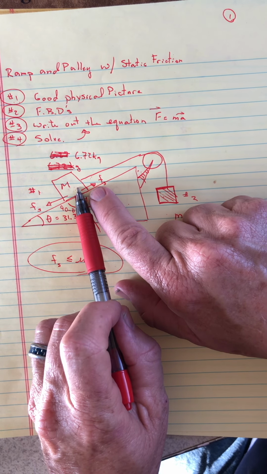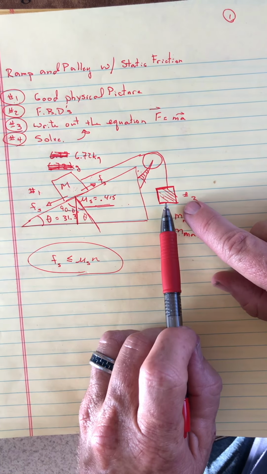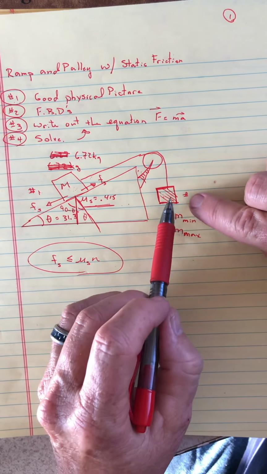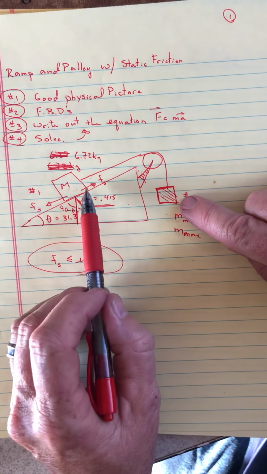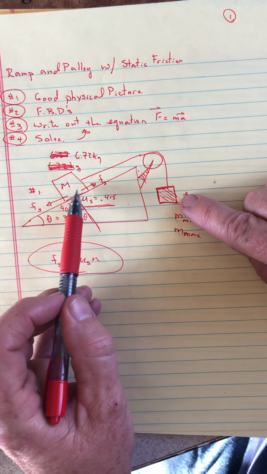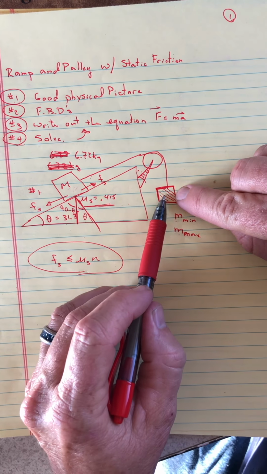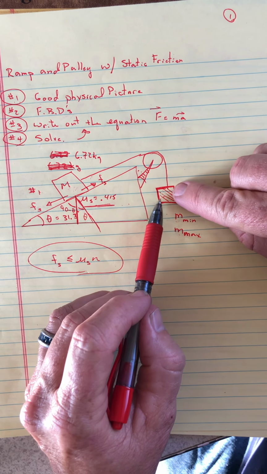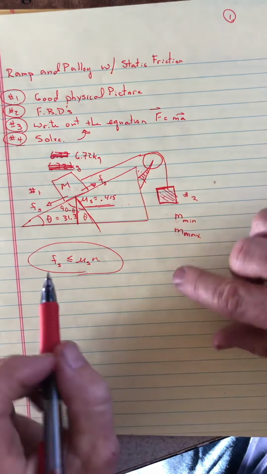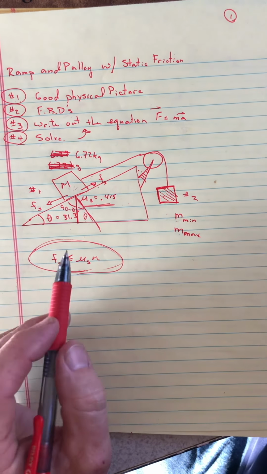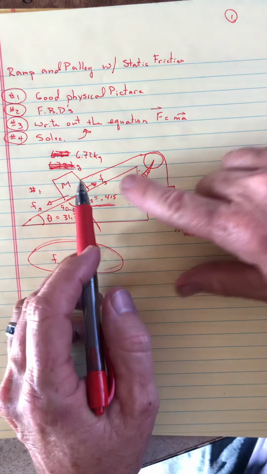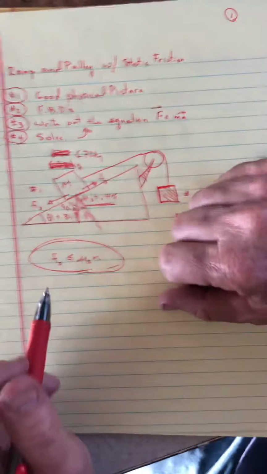Once it reaches its maximum, we take any more off of here and it just slides down. So you can maybe imagine we already have some mass on here that is more than the minimum. And that means the upward friction would be less than its maximum, and it would be stationary. And as we take weights off of here, since this is becoming less, the friction's becoming more until at some point it gets to its maximum. Once it gets to its maximum, then once we take off another one of these, there's just not enough to hold this up and it slides down.